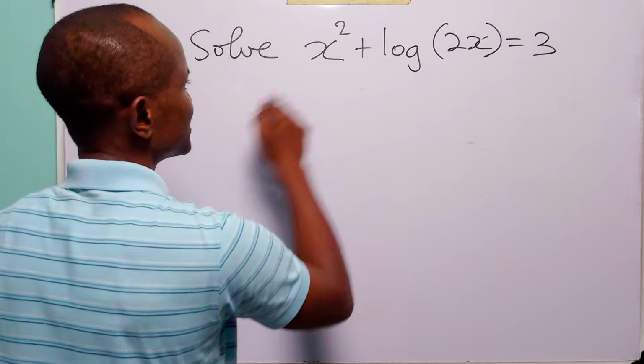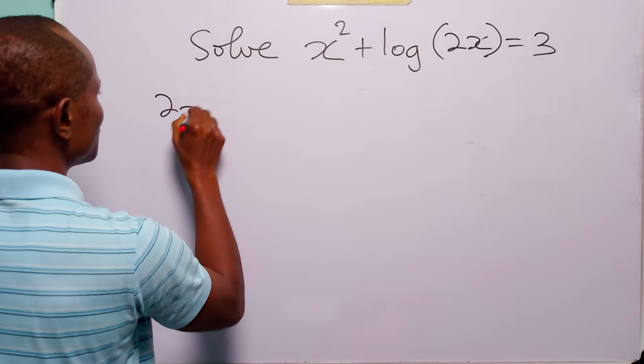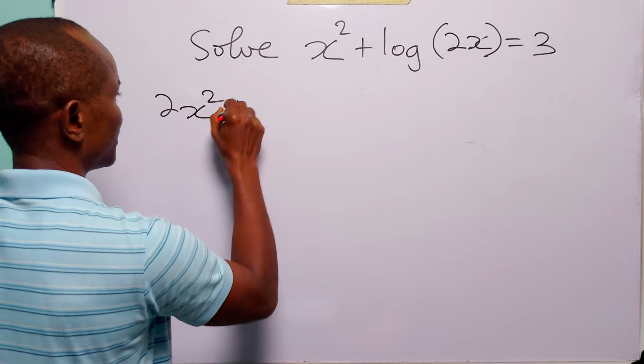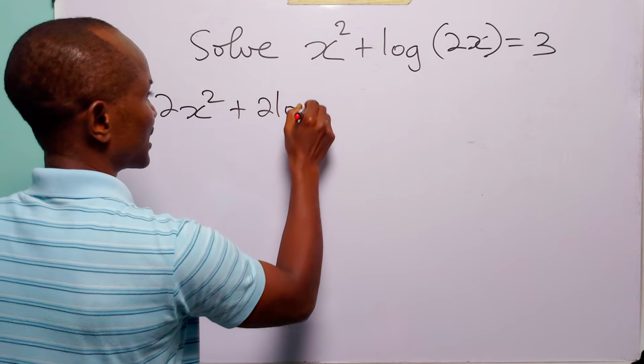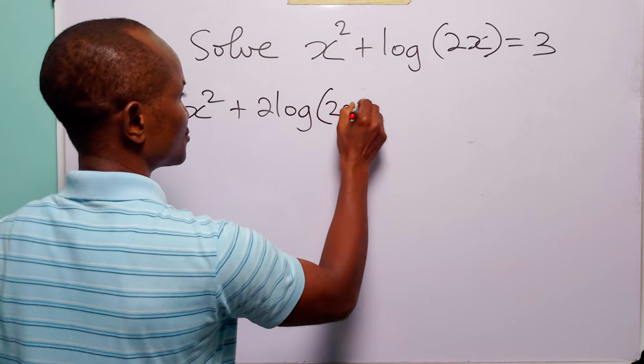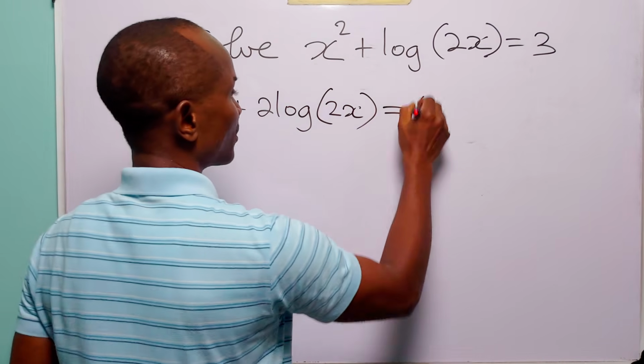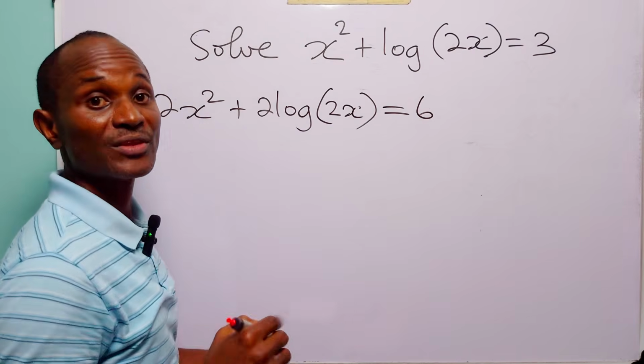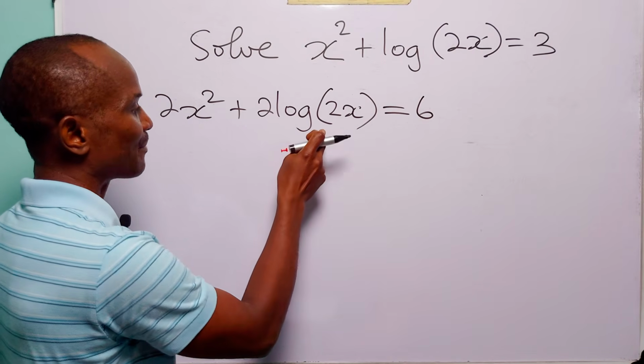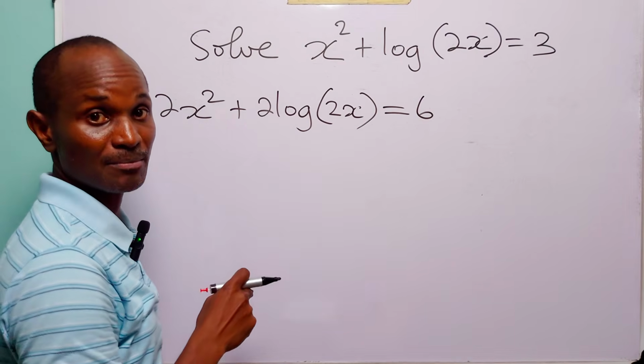When we do that, this equation becomes 2x squared plus 2 times log 2x is equal to 6. Now, the next thing we are going to do is apply the power rule to this second term.